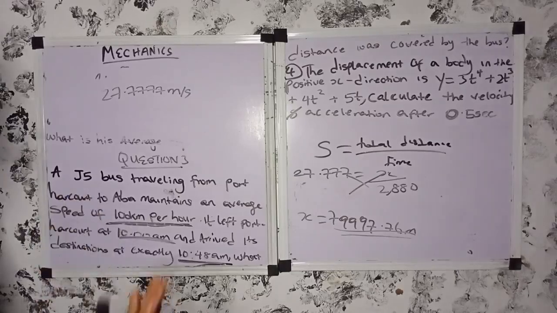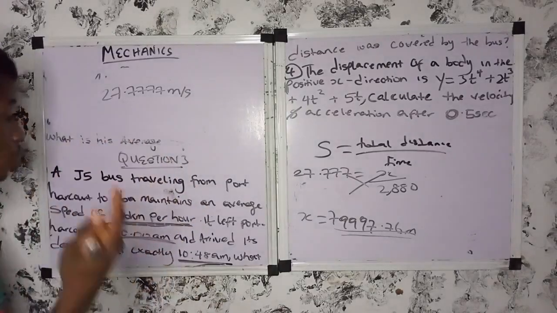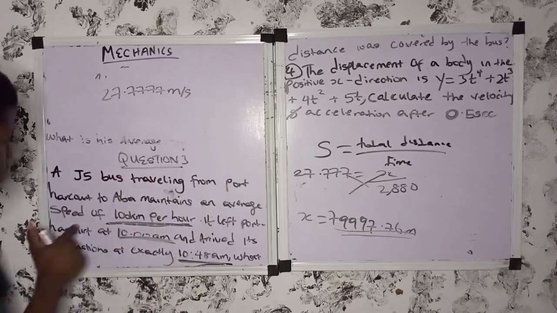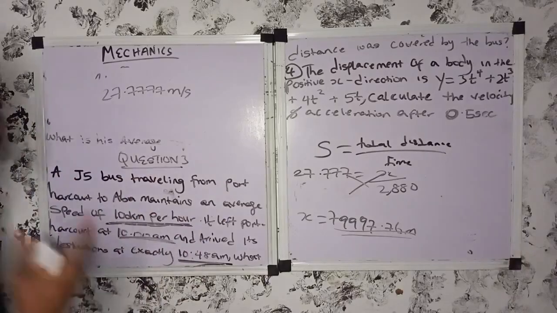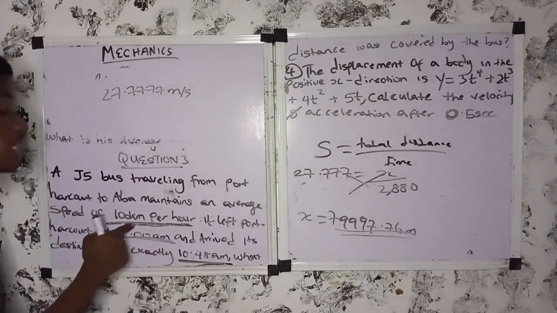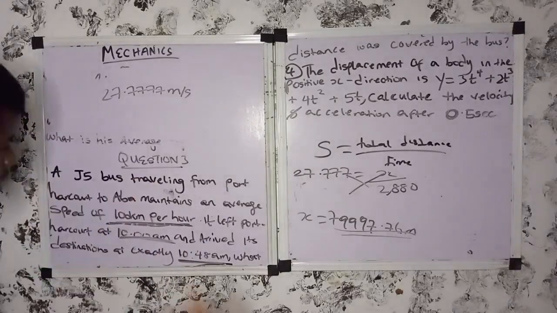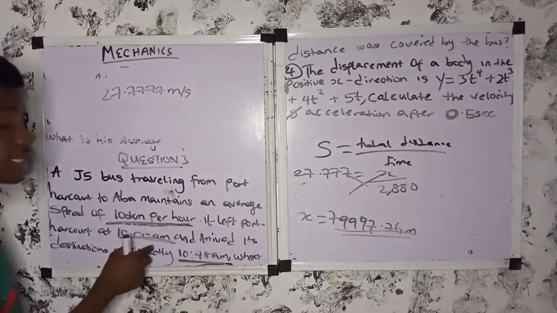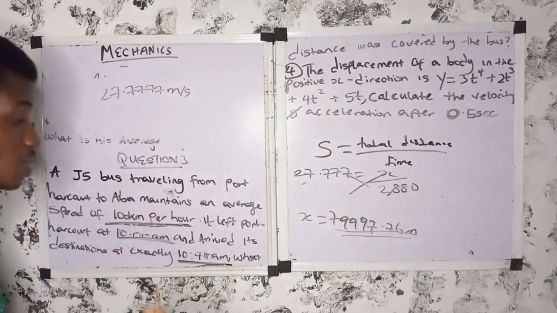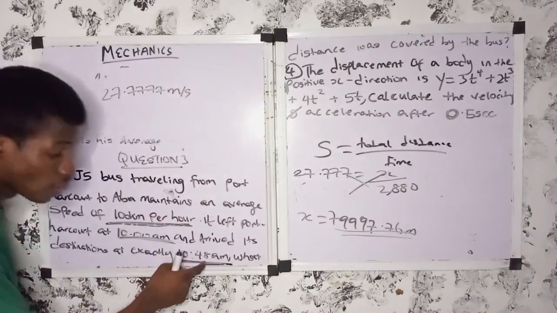So in summary, we were asked to calculate the distance it takes a bus to move from Port Harcourt to Aba. The bus was moving with an average speed of 10 kilometers per hour, so we converted that to meters per second.